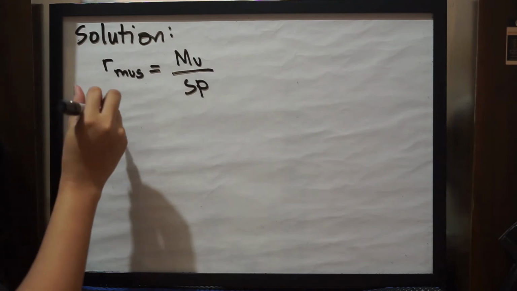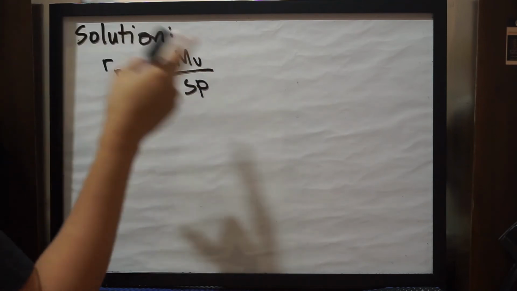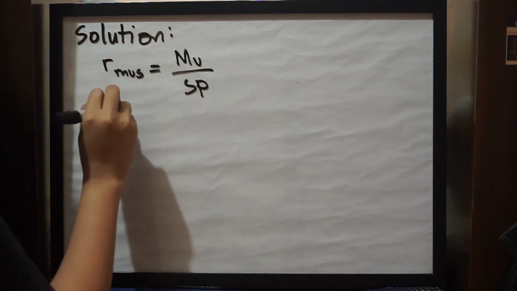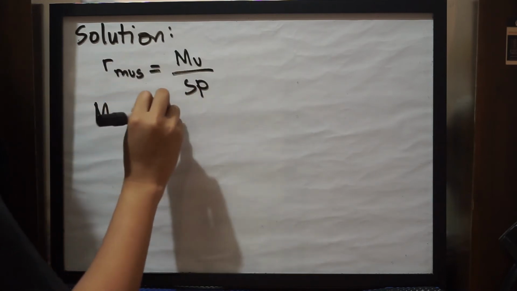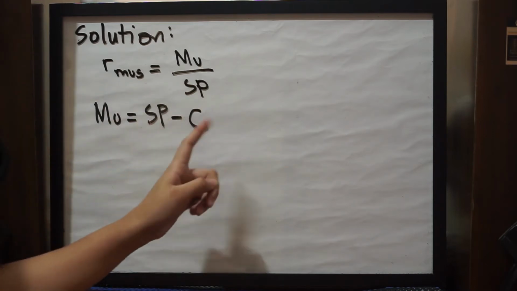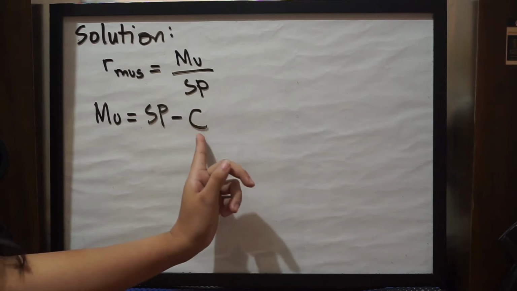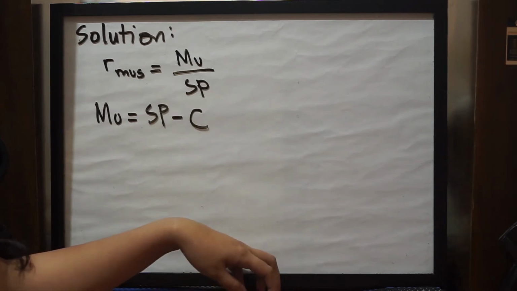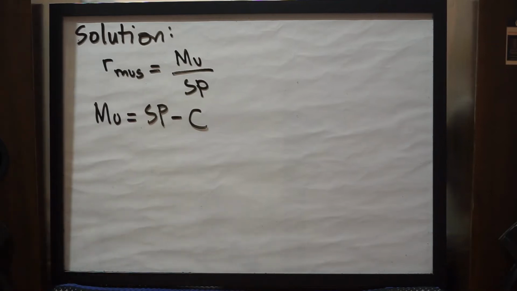So hindi natin siya magagamit pa muna. If we will use naman the formula na kanina na markup is equal to selling price minus cost, may selling price tayo, kaso wala naman tayong cost. So, hindi pa din tayo makakapag-solve ng rate of markup based on the selling price.